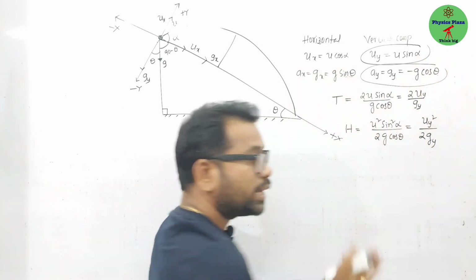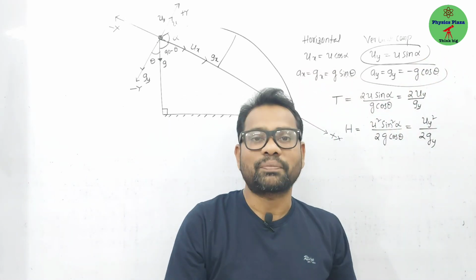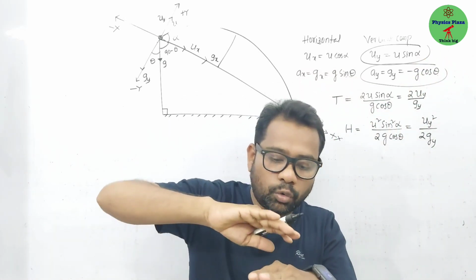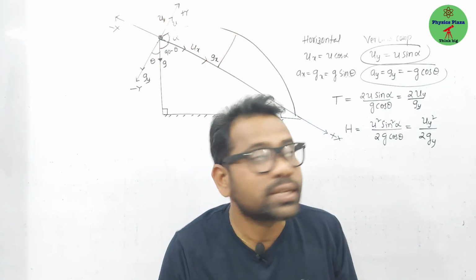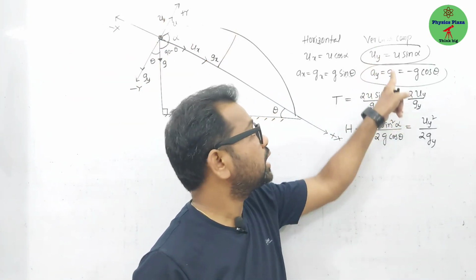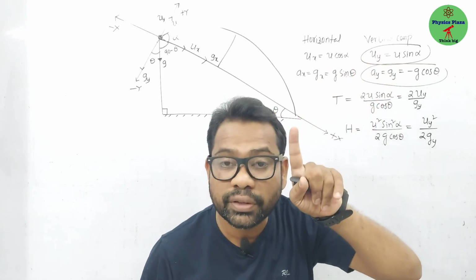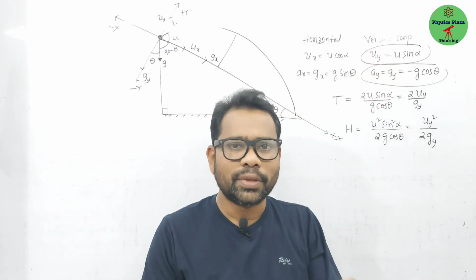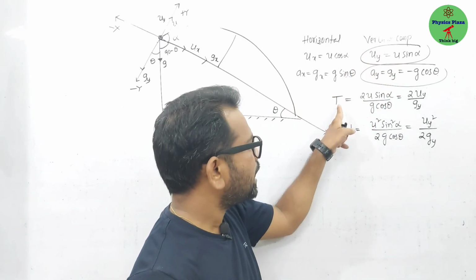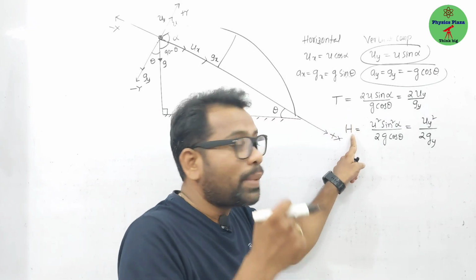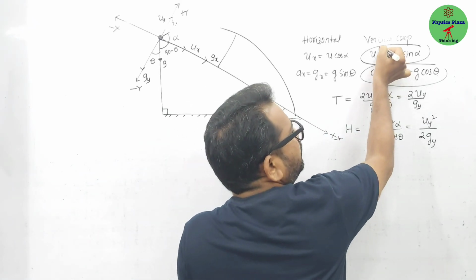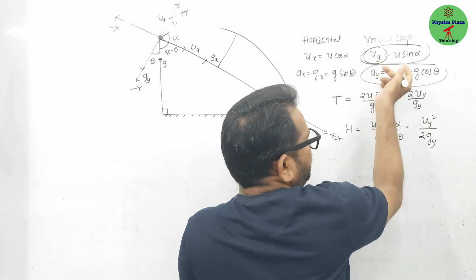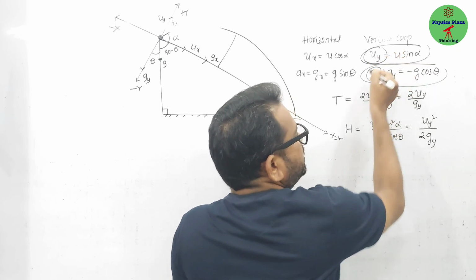Means the vertical components remain the same, whether it is top to bottom or bottom to top. In these two cases, the vertical component of the velocity and the vertical component of the acceleration due to gravity remain the same. The time of flight and the maximum height reached both depend only on the vertical component of the velocity and the vertical component of the acceleration.